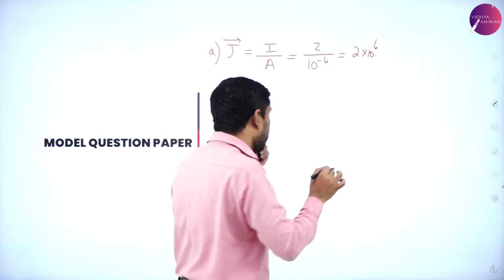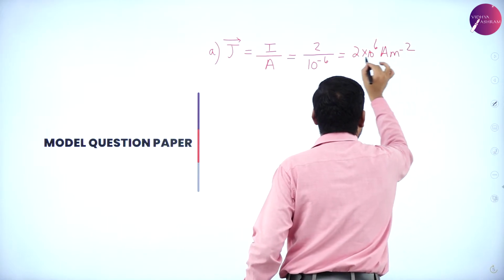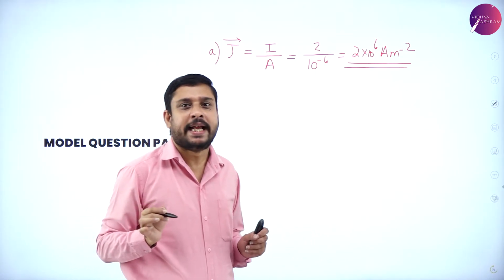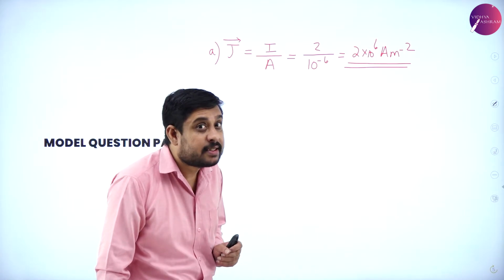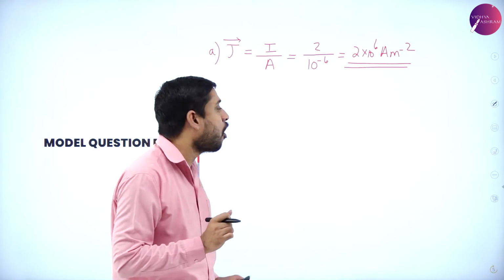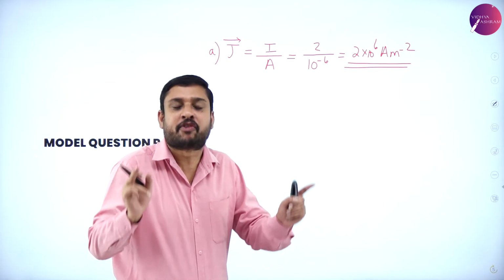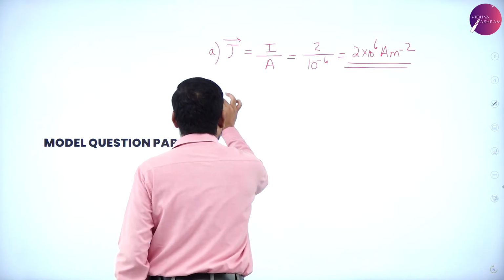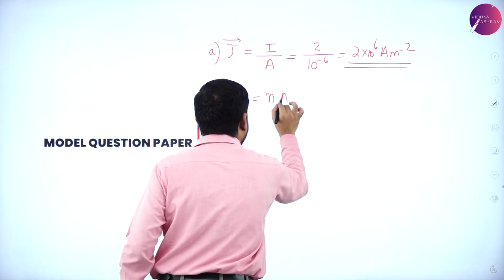What is the SI unit? Ampere meter minus 2. So very easily I have calculated the current density.